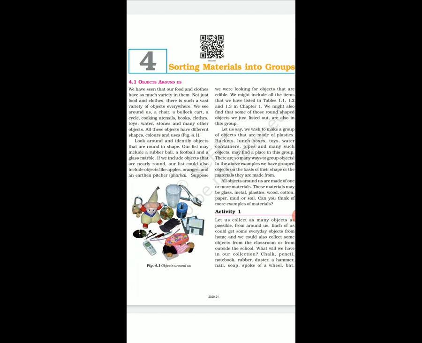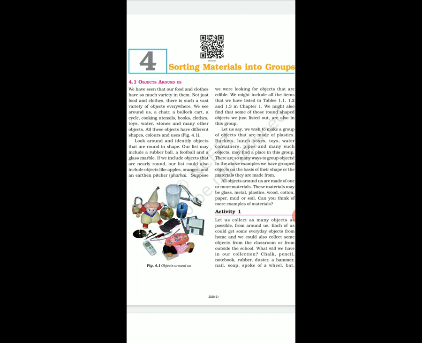Then pencil, notebook, rubber. From home you can take anything you want. We can also list objects that we can think of but cannot bring to the classroom, like trees, door, road. You can list anything.